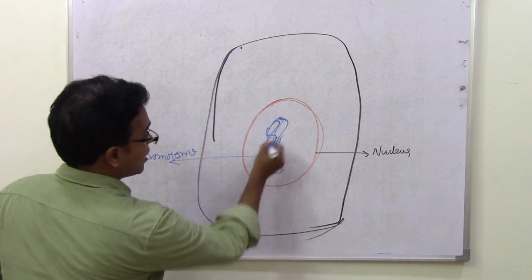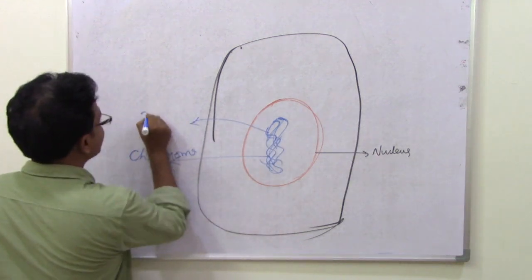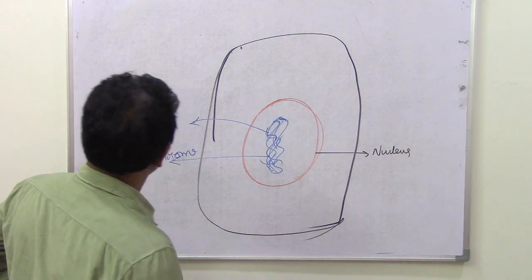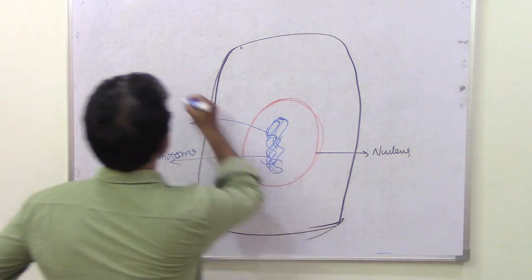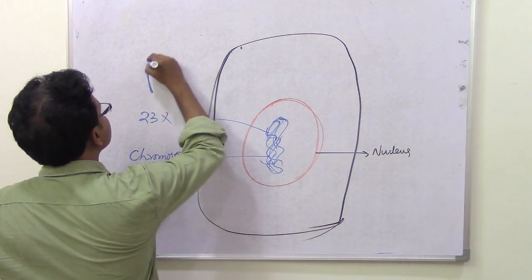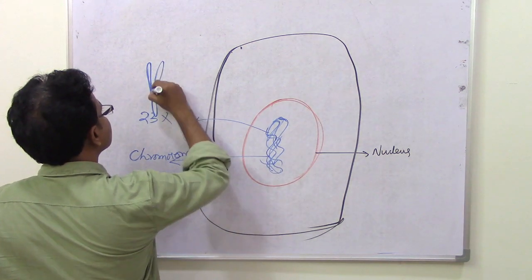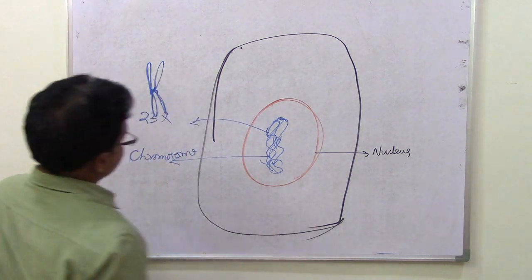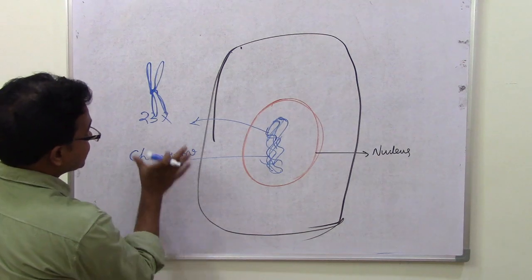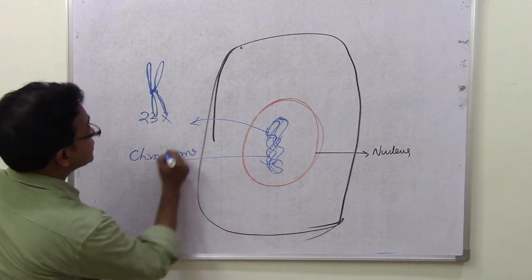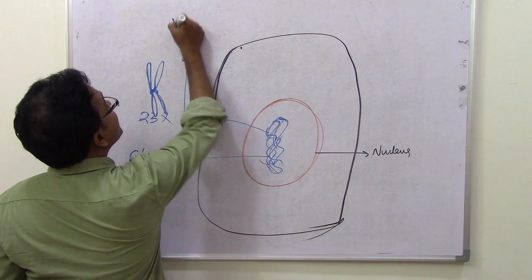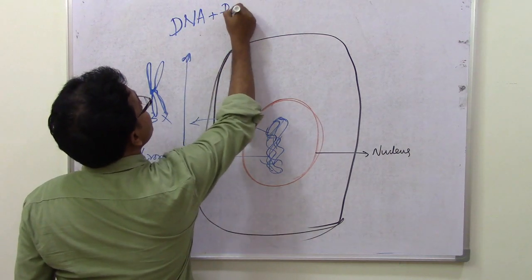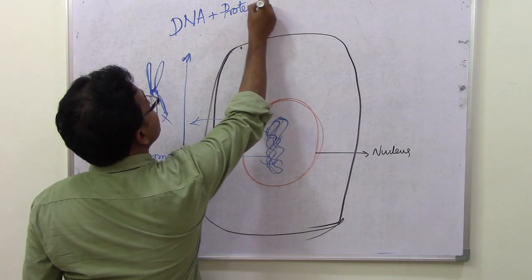In human beings we have exactly 23 pairs of chromosomes, that is 46. These chromosomes usually look like this. They are made up of two things: DNA plus some proteins.